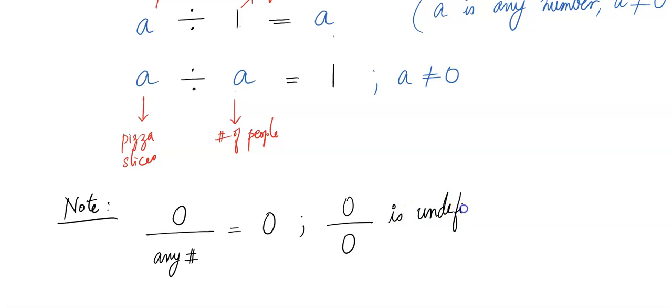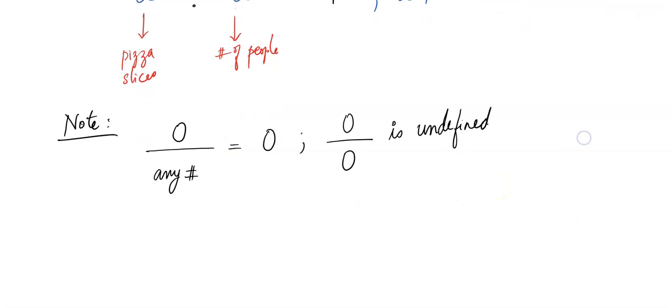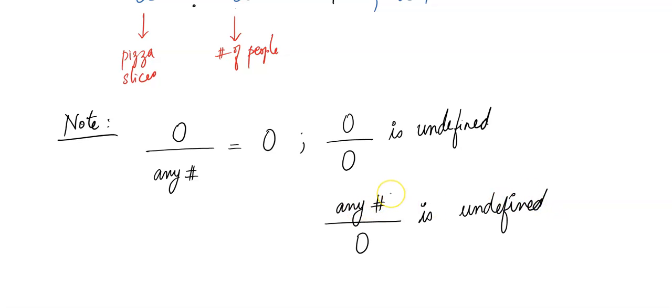Unless you reach calculus and you have a way around it, there is really no way to handle this 0 over 0. Likewise, any number over 0 is undefined. I say any number with the understanding that you are not going to choose 0, because 0 over 0 is undefined. I mentioned that.